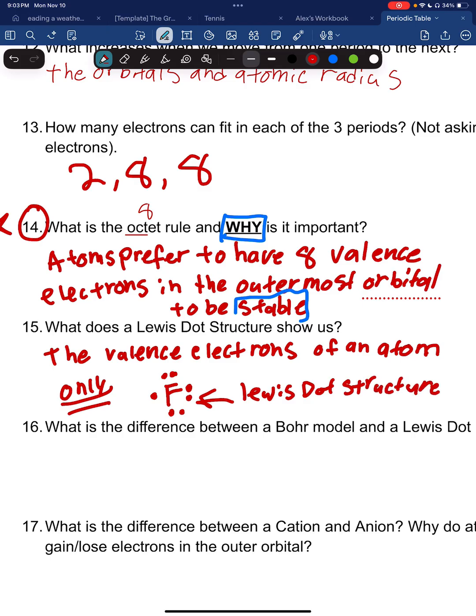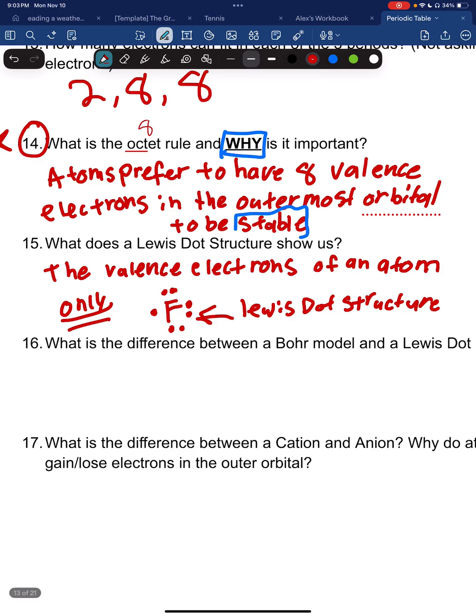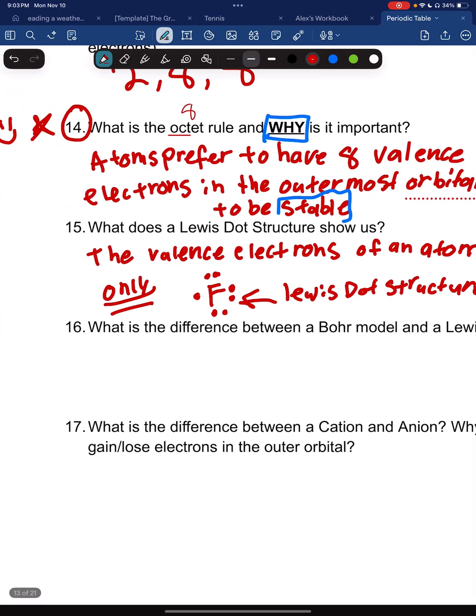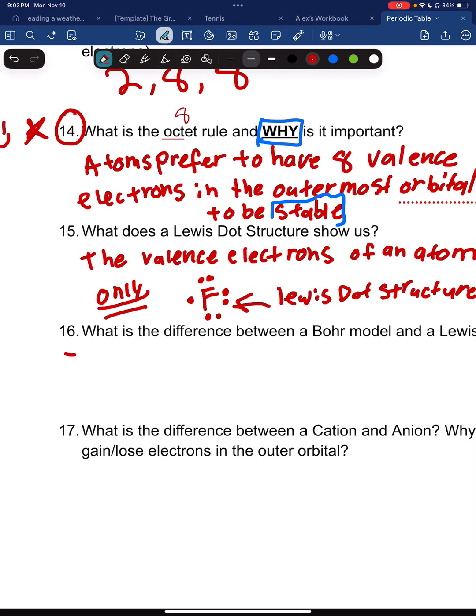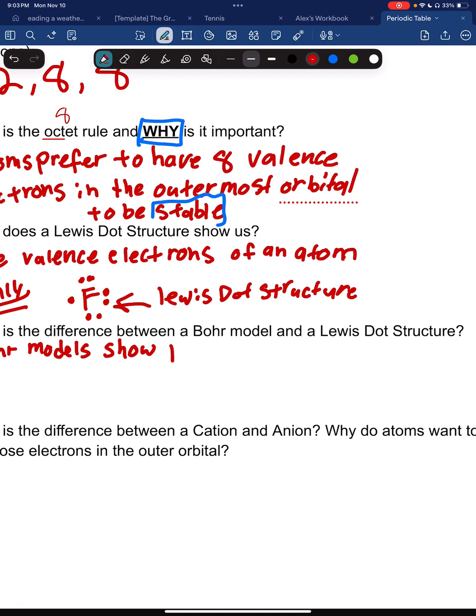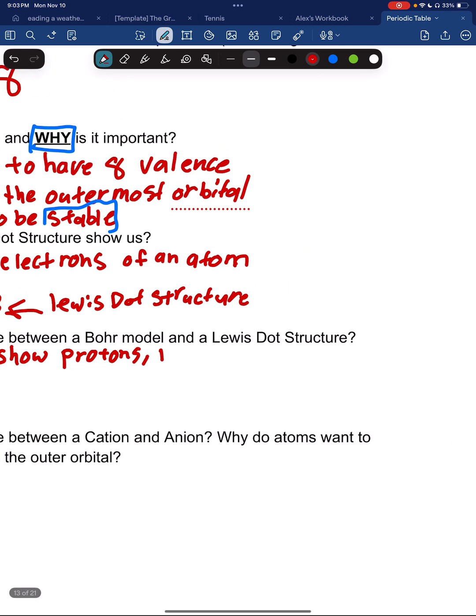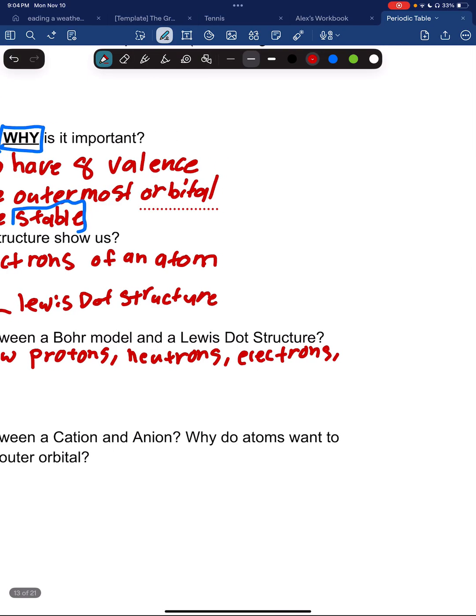So what is the difference between a Bohr model and a Lewis dot structure? So Bohr models show protons, neutrons, electrons, and our orbitals.